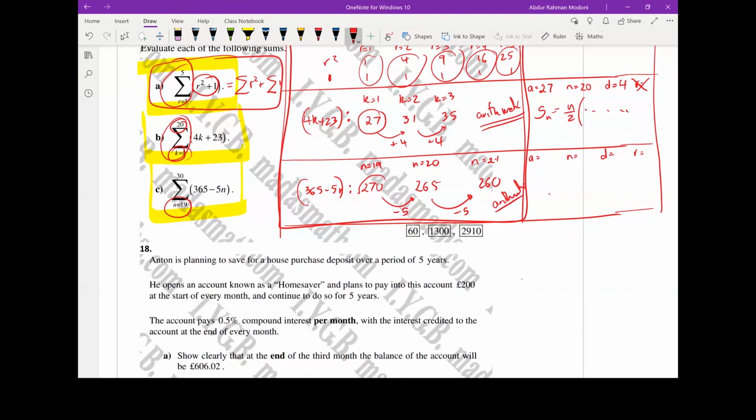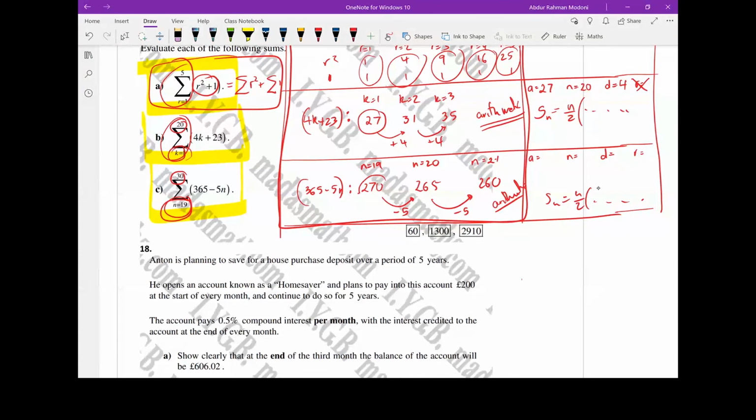So then we can use our Sn formula, n over 2. But how many terms do we have? Well, we go from the 19th term to the 30th term inclusive. How many numbers are there? And this is again a place where mistakes are made. Often students write 30 take away 19, which is 11, and they write down they're doing the summation of 11 terms. But it's not, because you're including the 19th term and the 30th term.